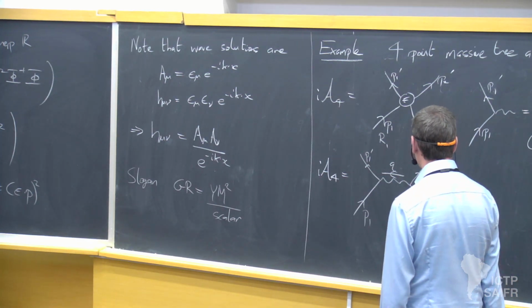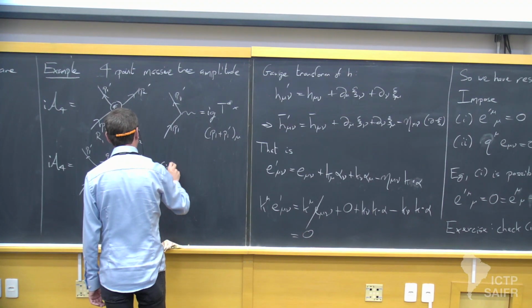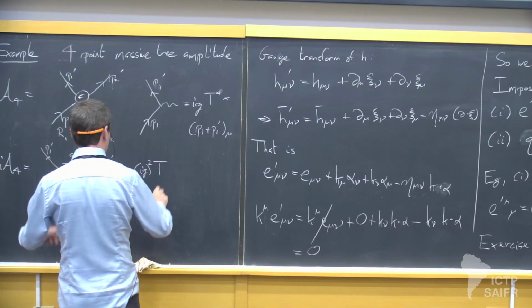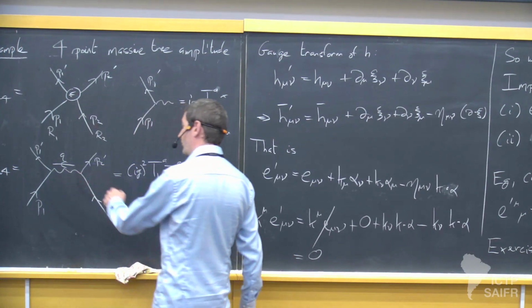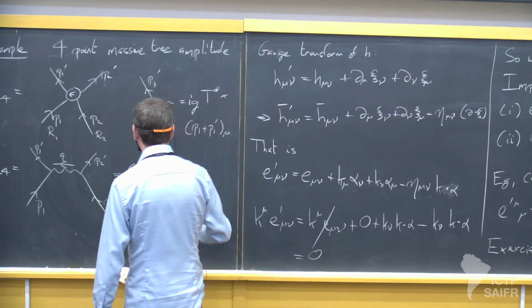Okay, so let's do the computation. There's two factors of I G. I'll get T^A. This is really T^A of representation 1. There'll be a T^A for representation 2 hooked together by the intermediate gluon. What else am I going to get?